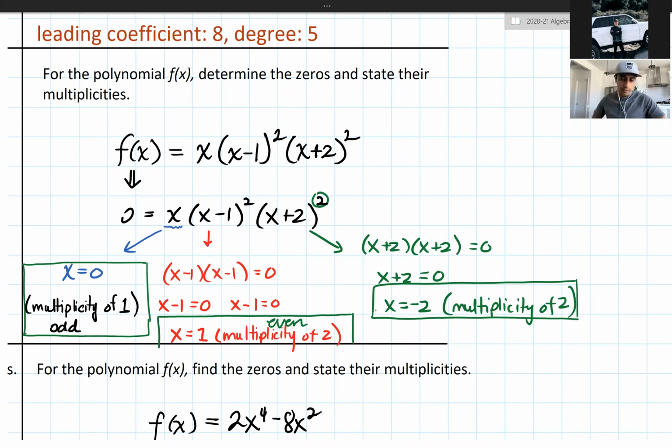All right. Any questions before we move on to the next one? So essentially, yes. You probably wouldn't be asked what is the multiplicity of blank.